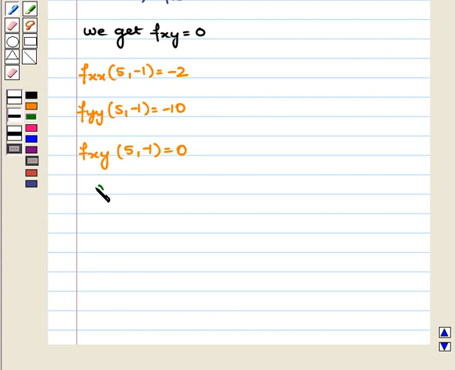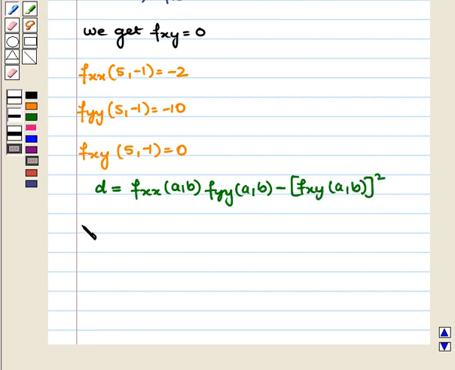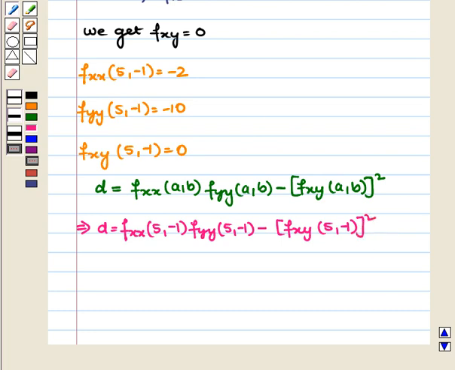Now we have to put these values in the equation D equal to f sub double x at AB into f sub double y at AB minus f sub xy at AB whole square, which implies D is equal to minus 2 into minus 10 minus 0 whole square, which is equal to 20.